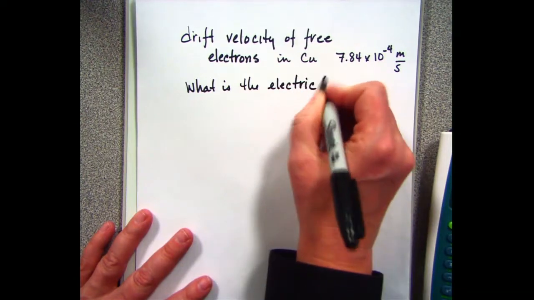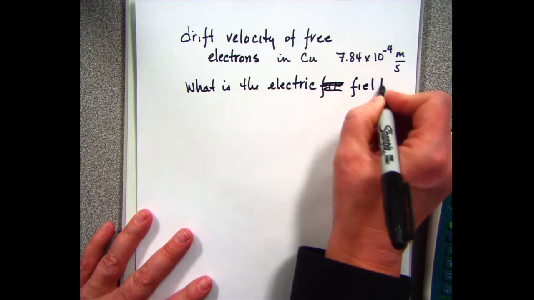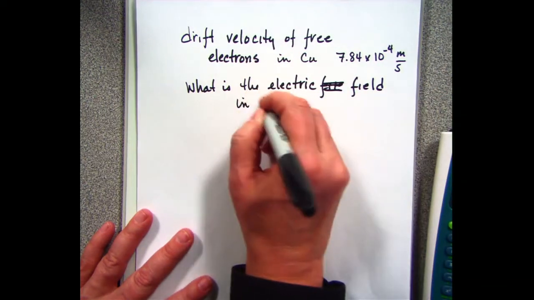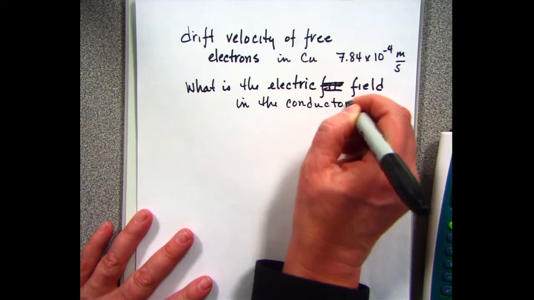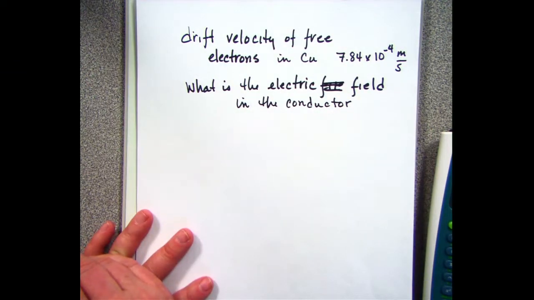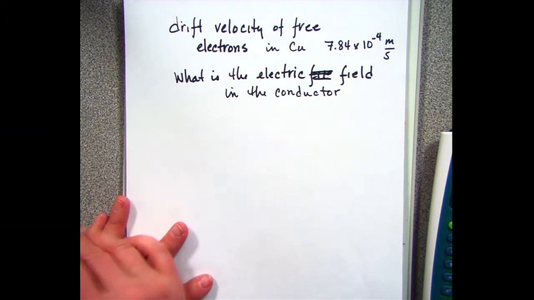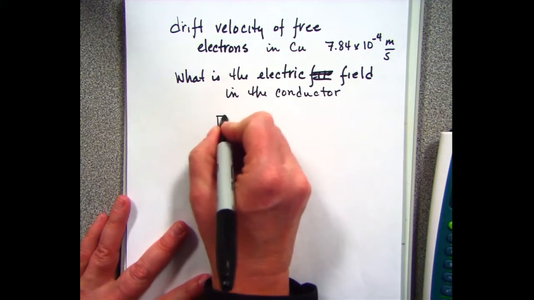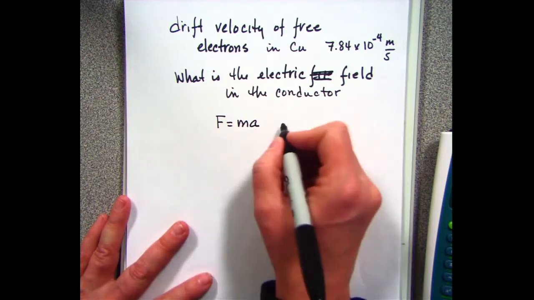So if we're looking at this, we've got a couple of things that we want to look at. Just remember that force is equal to mass times acceleration, and that acceleration is equal to force divided by the mass, which if we go back, that's QE divided by the mass. But I can find acceleration if I remember my kinematics.